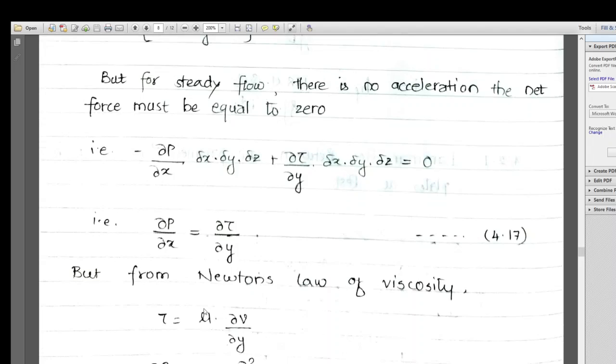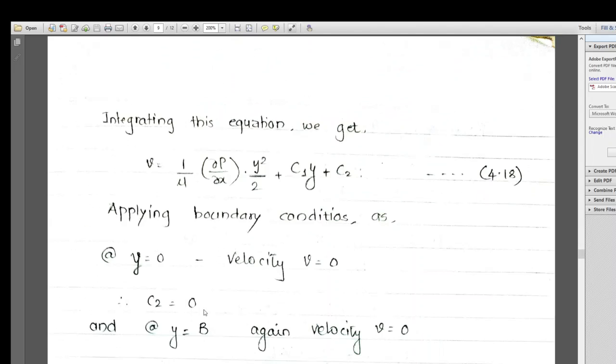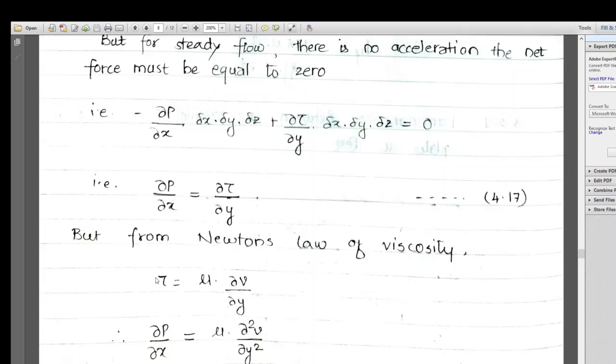But from Newton's law of viscosity, what do we know? We know the expression for the shear stress, that is tau is equal to mu delta v by delta y. So we can substitute this value of tau in this expression.